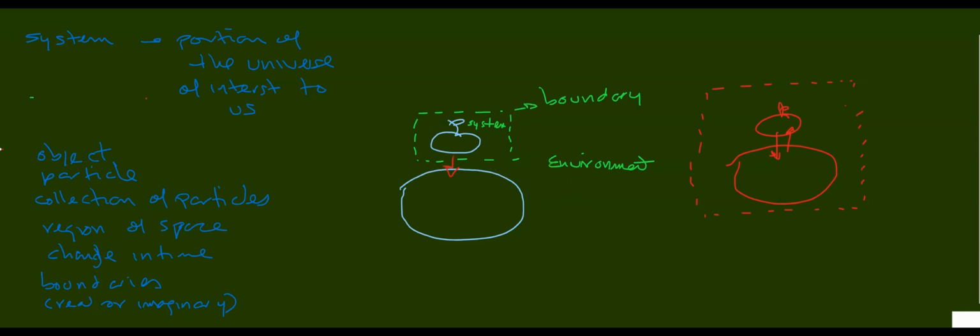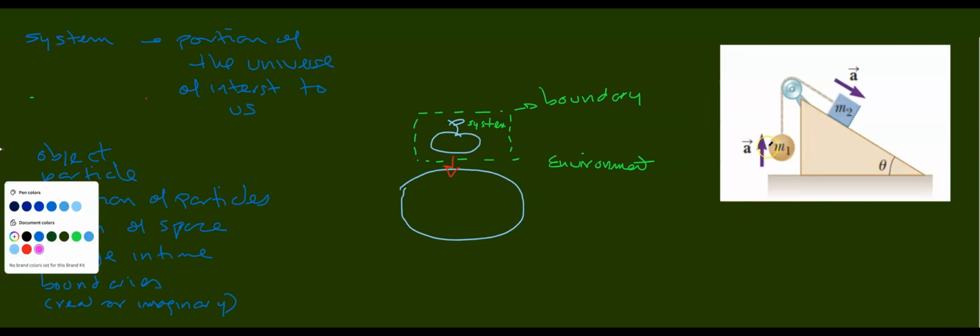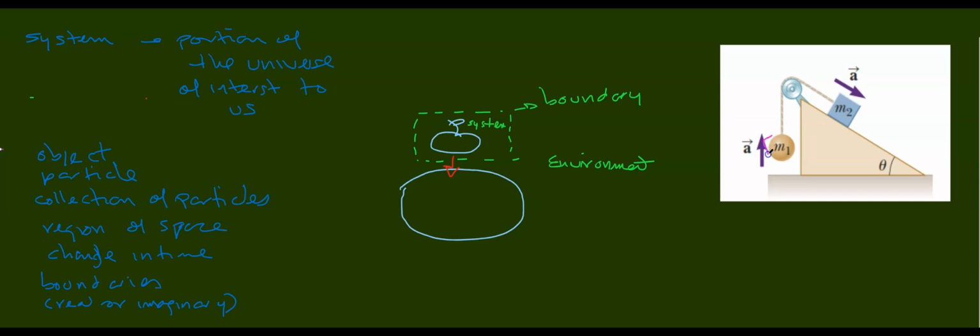Okay, let me give you another example. Let's consider this example from an earlier chapter. I can define the system in whatever way I may want. For instance, I can define the boundary to be like this. That's a possibility, right?